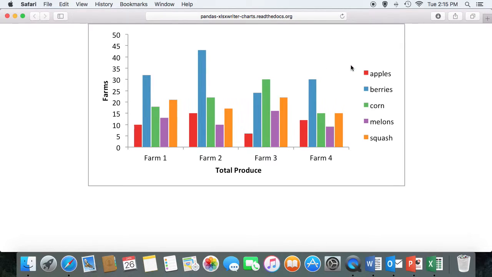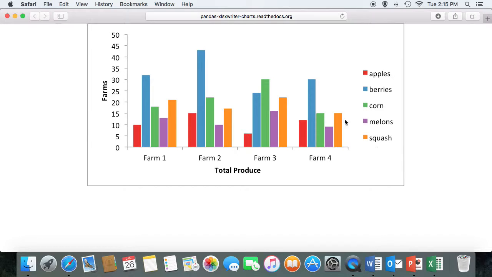Also, note that we do have a key or a legend on the right-hand side. The different colours represent different types of fruit or vegetables. Red is apples, blue for berries, corn is green, we've got purple, and we've also got orange for squash.